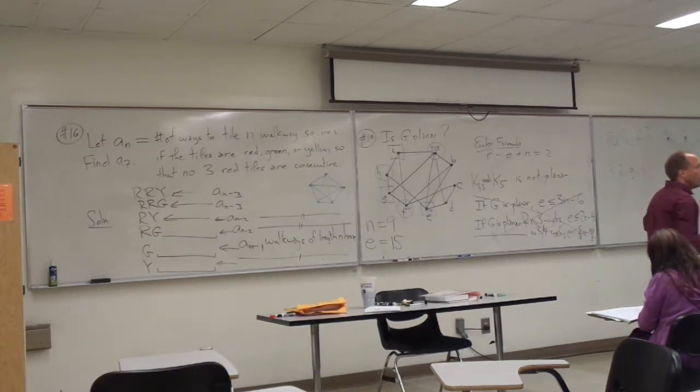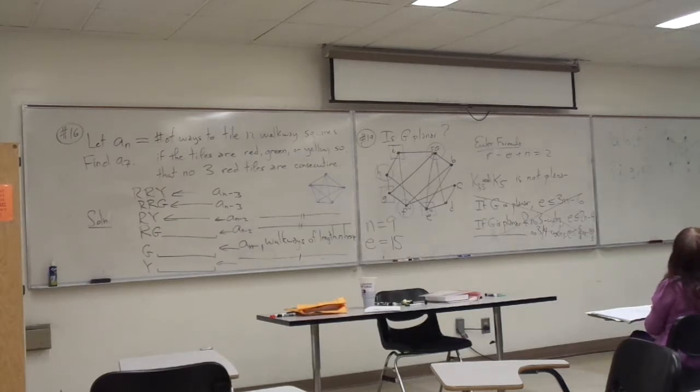You're not taking something that was planar and making it not planar, or taking something that was not planar and making it planar. You're just adding a couple of dots, but these segments are still there. The fundamental property that this graph is not possible to be redrawn without any crosses is still true. You can't do it. So this is still not planar.